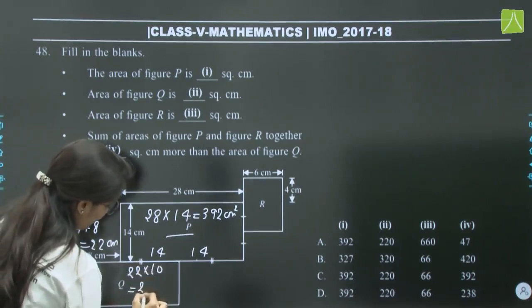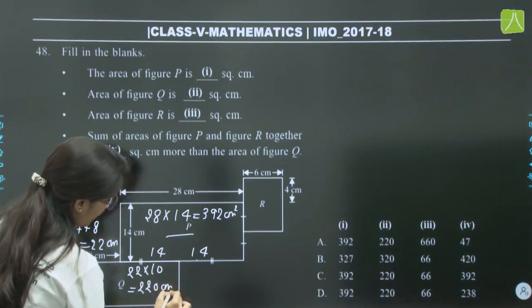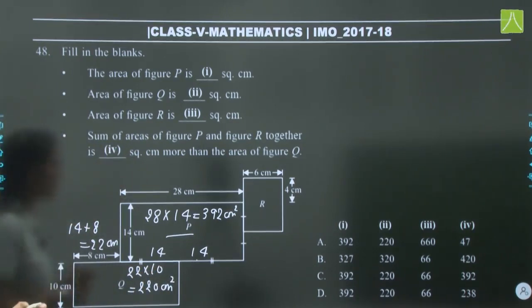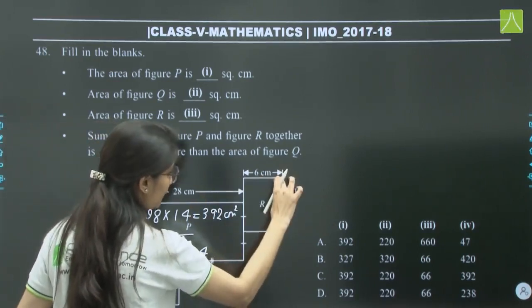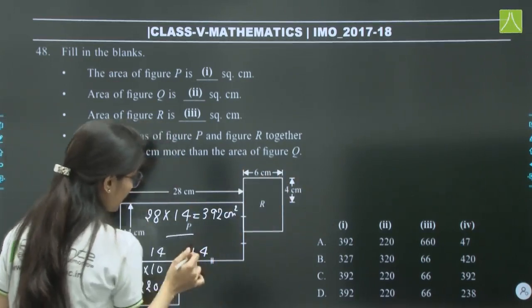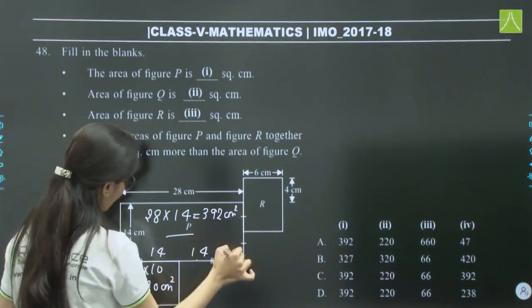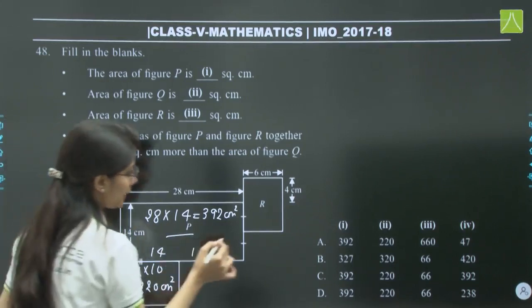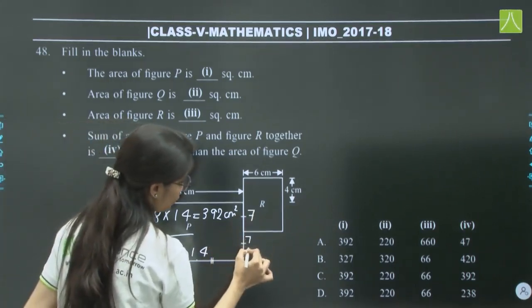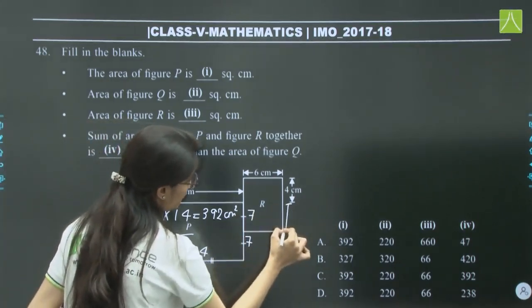So it is 220 centimeters square. And now you need to find out the area of figure R. So this length is 4 and this length is 6 and this is 4. Now check, this length is also divided into 2 equal parts. So this 14 is divided into 2 equal parts. 14 divided by 2 means this is 7 and this is also 7. So this length will be also 7.